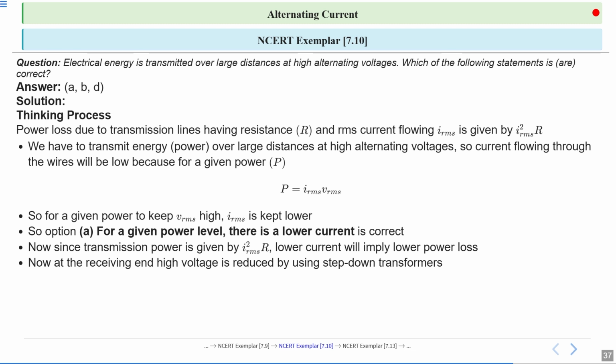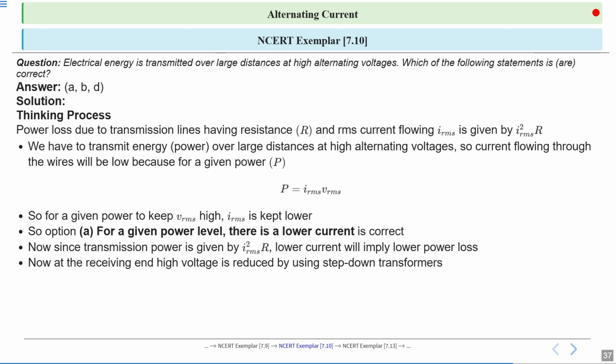Why are we lowering the current in the transmission lines? To minimize the power loss. So option B is also correct. Now at the receiving end, the high voltage is reduced. Electrical energy is transmitted over long distances at high voltages like 11,000 volt or 1100 volt, and that amount of voltage is dangerous.